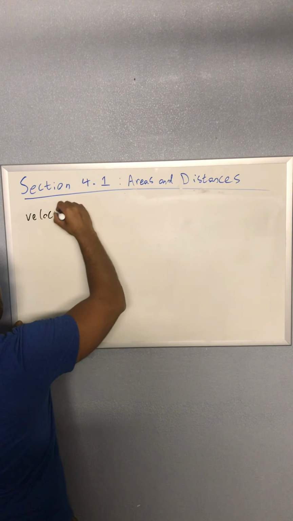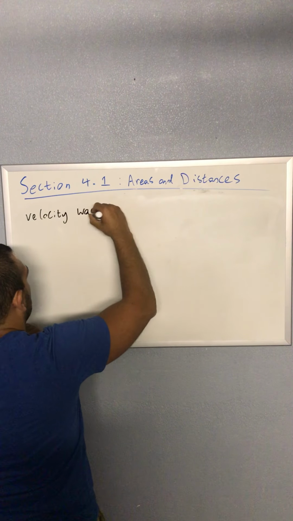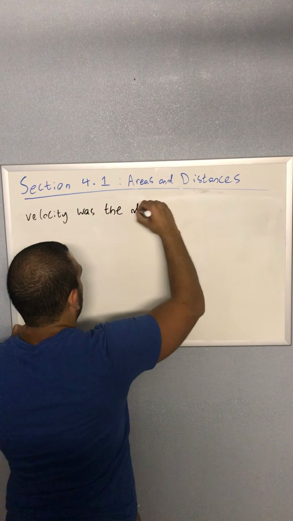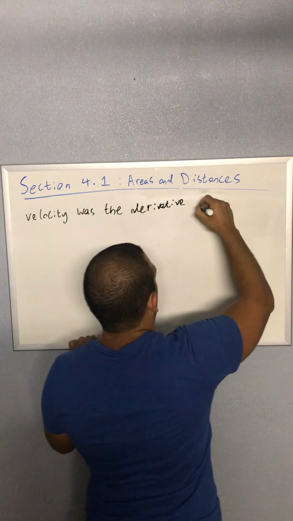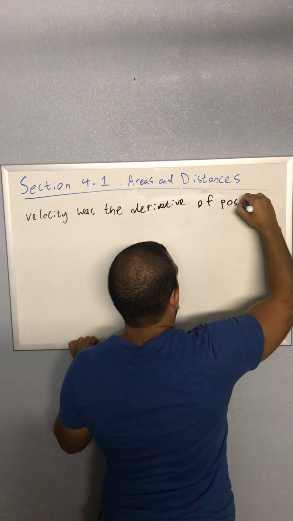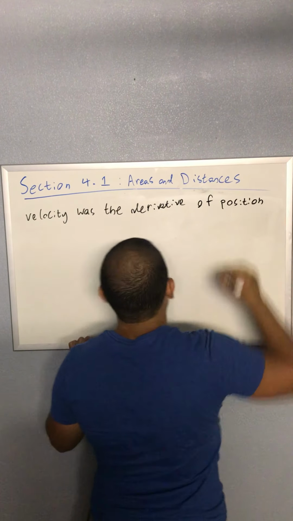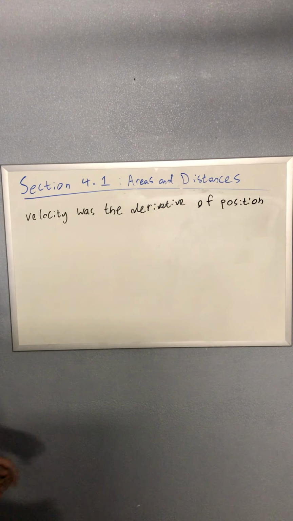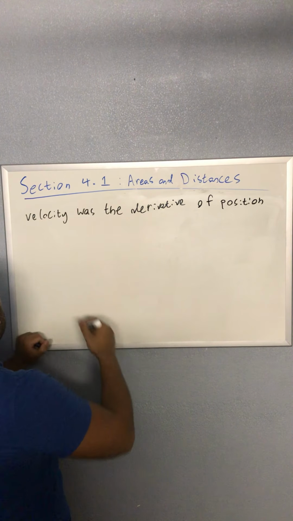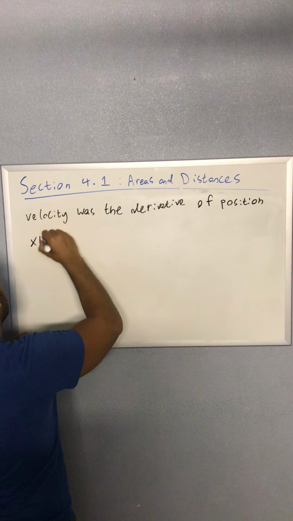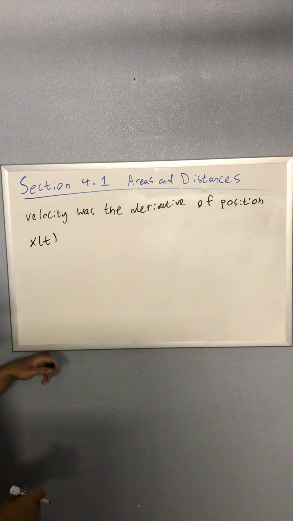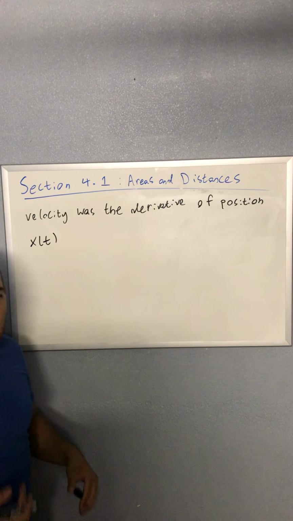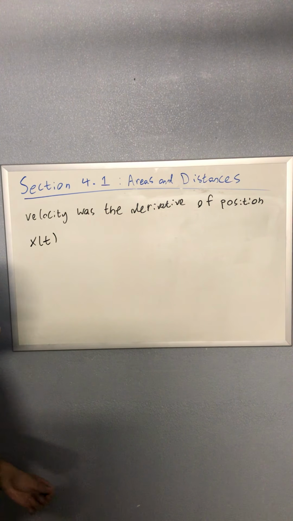velocity was the derivative of position. So remember, velocity was the derivative of position, i.e. if x of t, remember this means time, and x is kind of like how far horizontally you are from an origin.